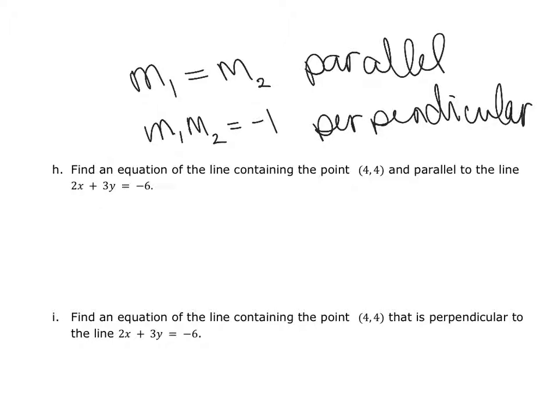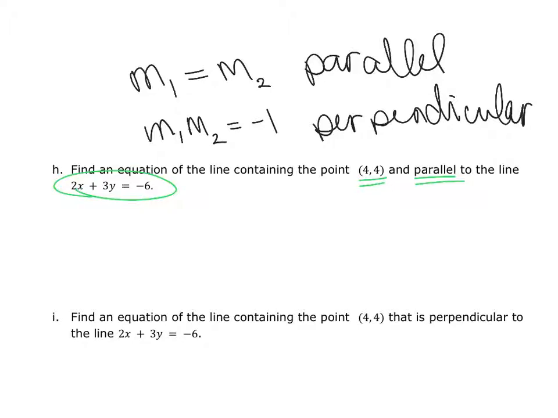So our first one, they're asking for an equation of a line that contains this point, and it's parallel to this given line. So I need to know what the slope of the given line is. I can put it in slope-intercept form, that's totally fine.